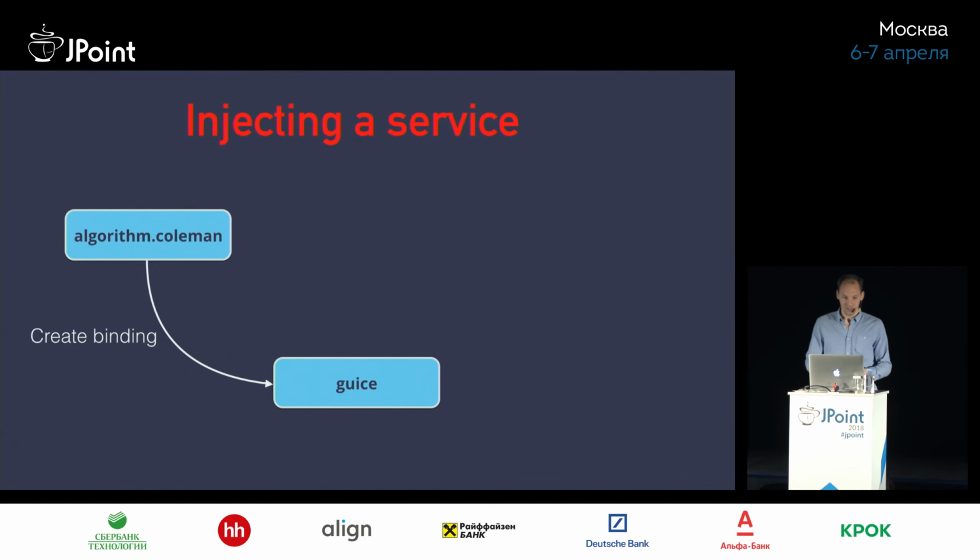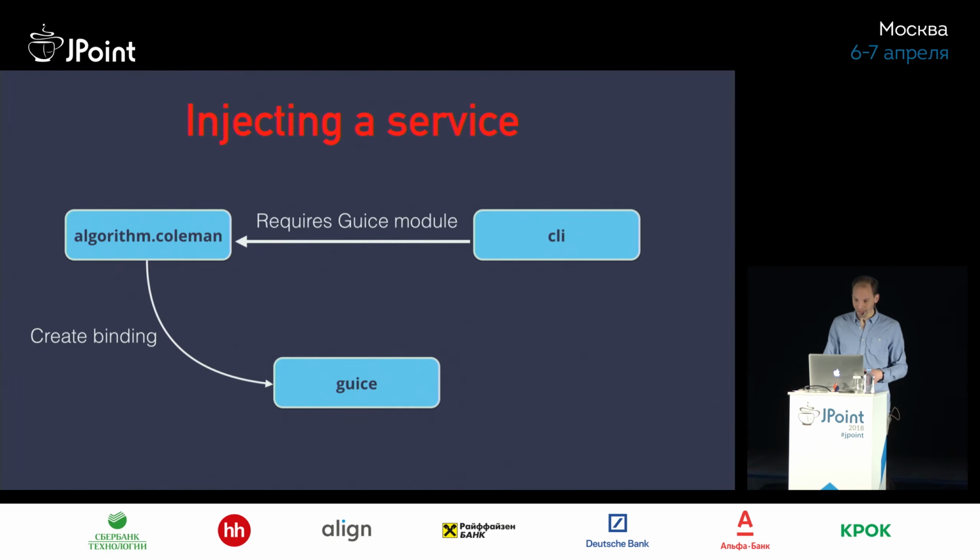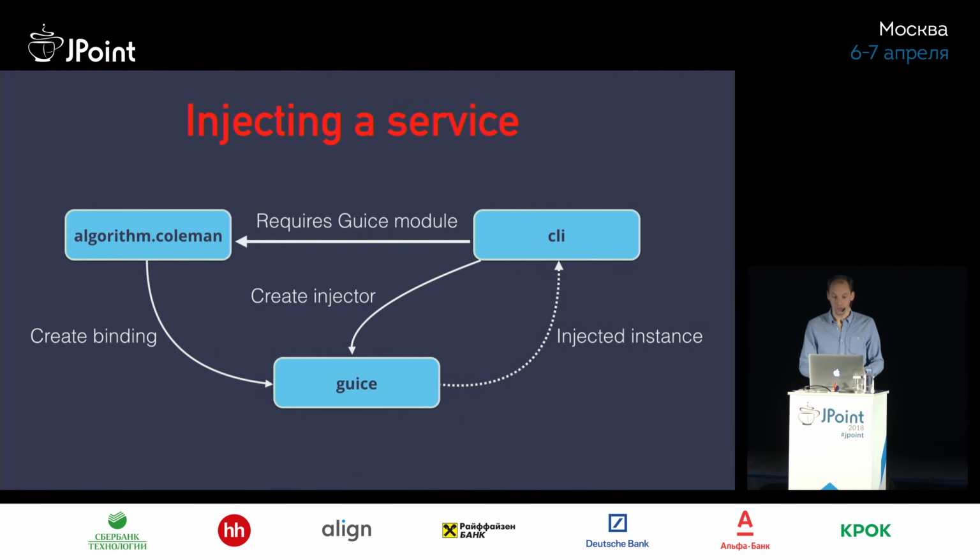So what happens here actually is that we create this binding in our common module using the Juice APIs. And then, of course, our CLI module now requires this Juice module configuration of the common module. And this allows it to create an injector that actually knows how to inject back the instance of the common analyzer into our CLI.